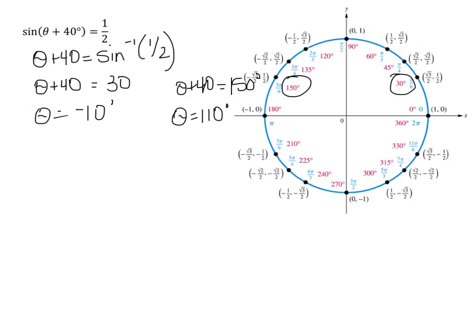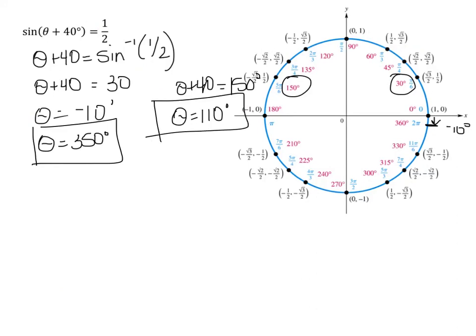And -10 degrees is not between 0 and 360. However, -10 degrees happens to be right there. So if I'm going backwards 10 degrees, that means really I'm going 350 degrees. So the solution to this problem is that theta is either 350 degrees or 110 degrees.